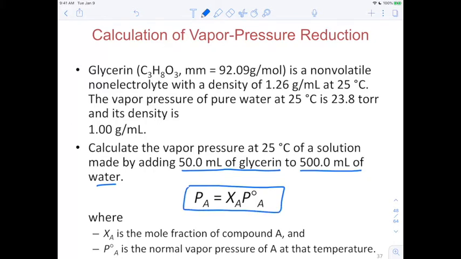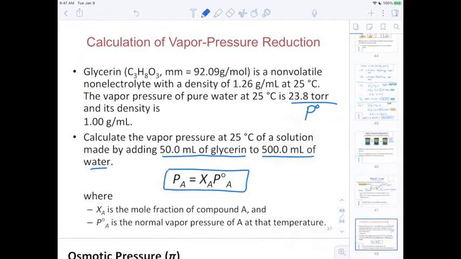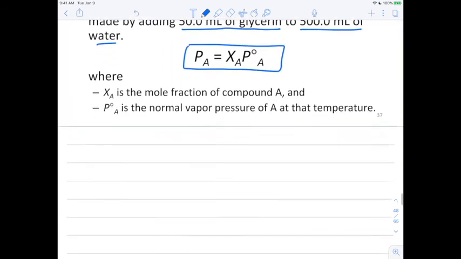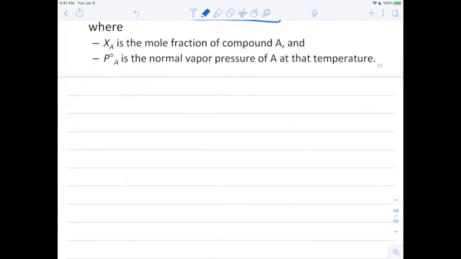All right, so for Raoult's law, we're going to need our mole fraction, and we're going to need our original pressure or our normal pressure. So here we're given the pressure. This is going to be that original pressure. Now we need to find our mole fraction. So what I mentioned before break is that our mole fraction, which we use capital X for, is going to be the mole fraction of the solvent.